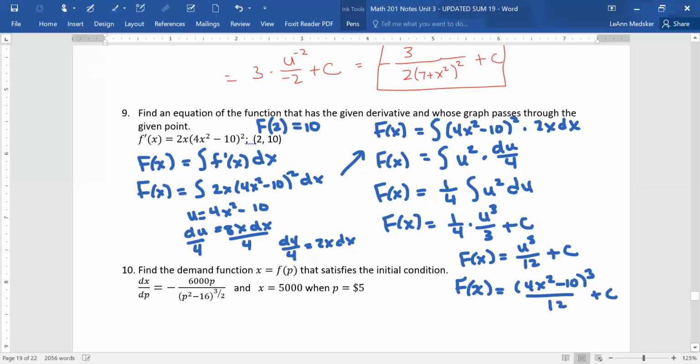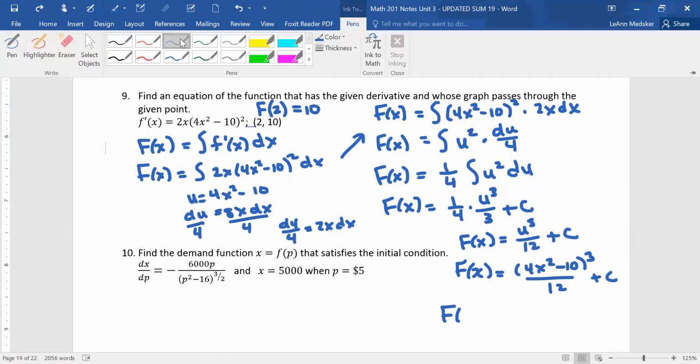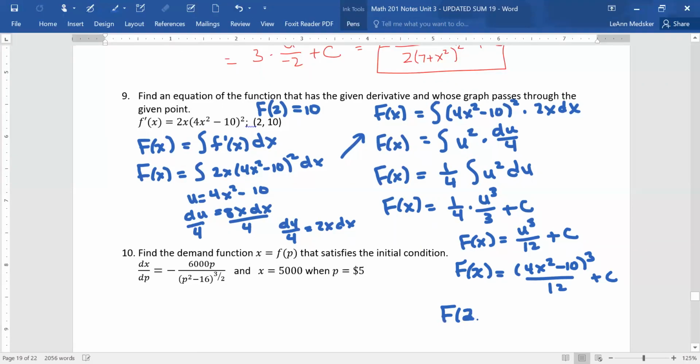There we go. Now we're going to plug in 2 for all of our x's. So big F of x, which we're going to call f of 2 this time. So f of 2 equals 4 times 2 squared minus 10 all cubed over 12 plus c.